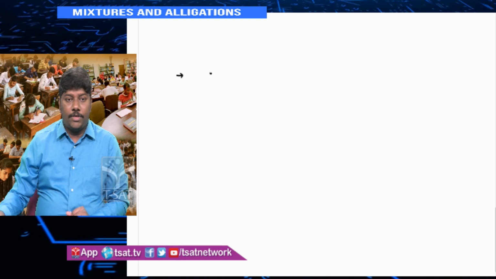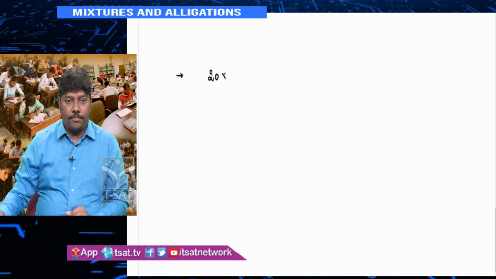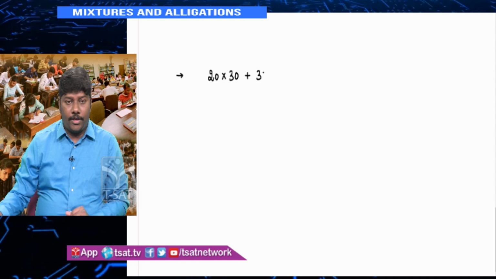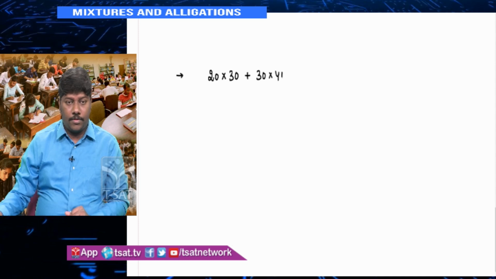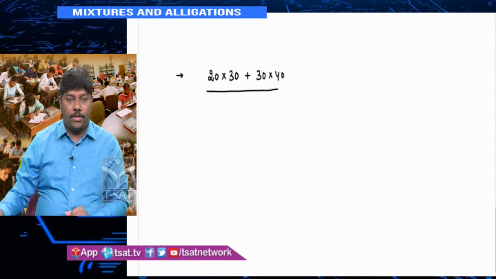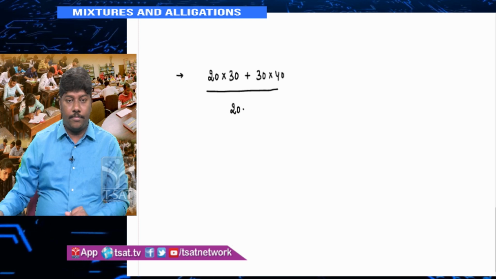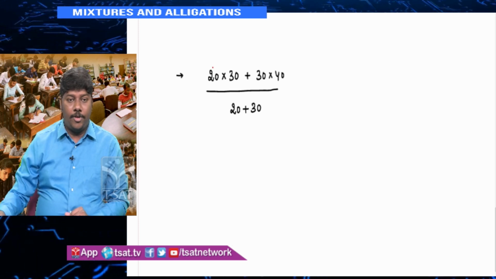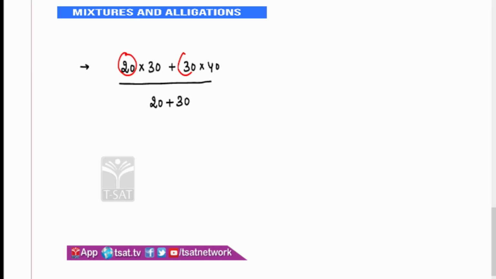This is a very simple form of grouping, but look at the concept behind it. We are multiplying 20 into 30 plus 30 into 40, dividing it by 20 plus 30. Can I take a common factor from this? I can take a common factor of 10.